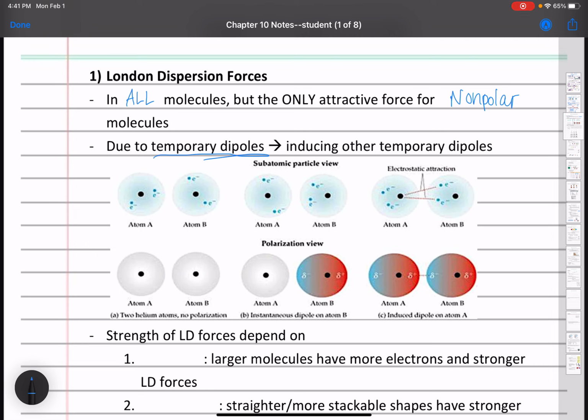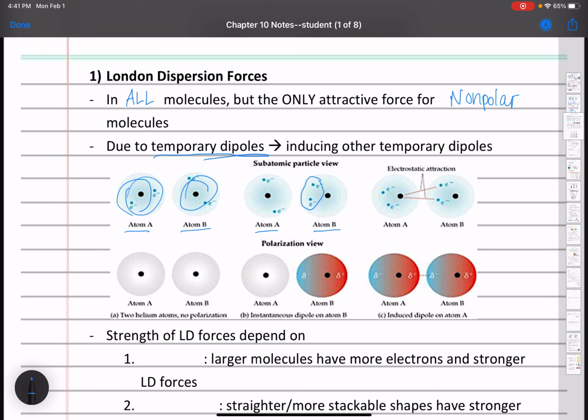Okay, so imagine you have two atoms that are next to each other, and their electrons are just spinning around here in the cloud. And then a split second later, in atom B, two of those electrons that are flying around end up being localized to one side of the atom.